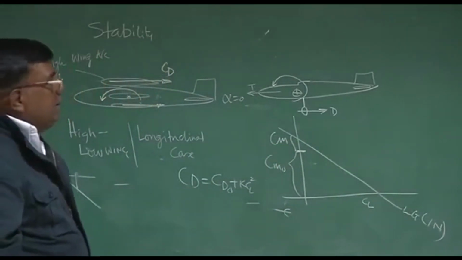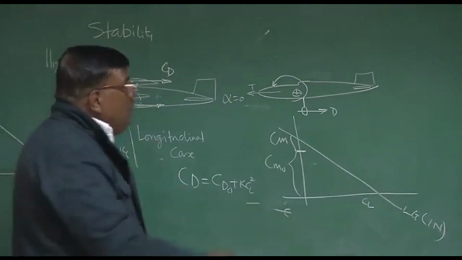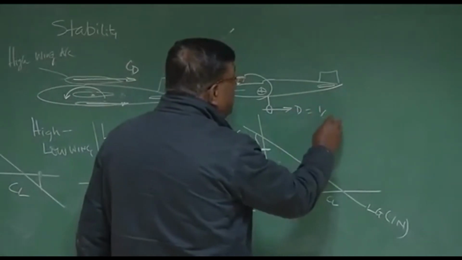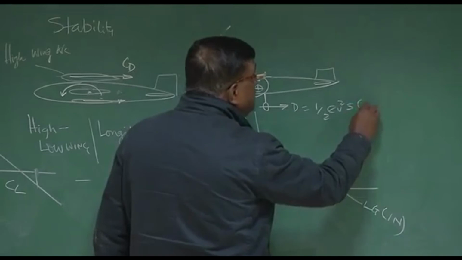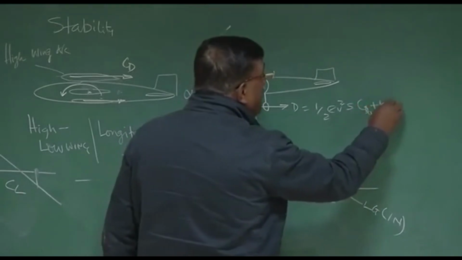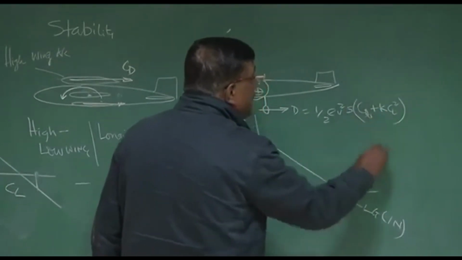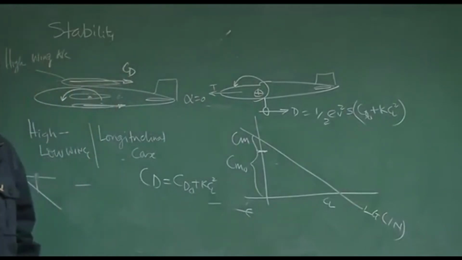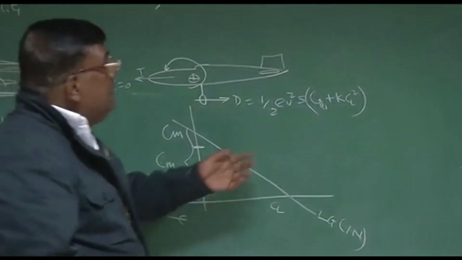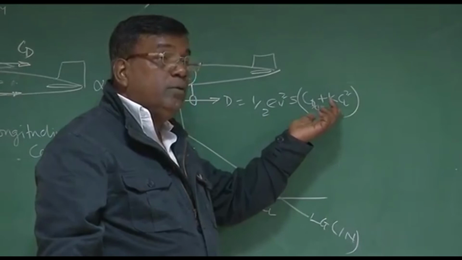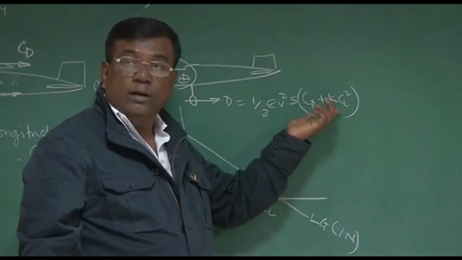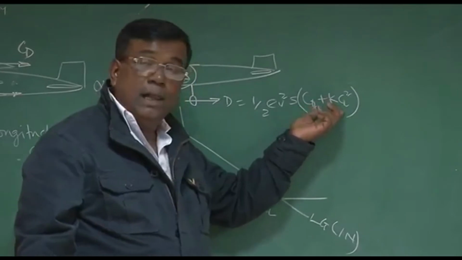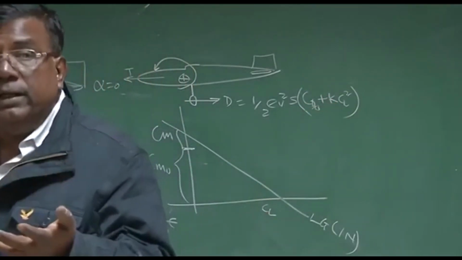And as far as stability is concerned, you know drag means what? It is half rho V square S CD. For CD I write CD naught plus K CL square. Can I write this? No, I cannot write this because this drag polar is for the wing, the lifting body.